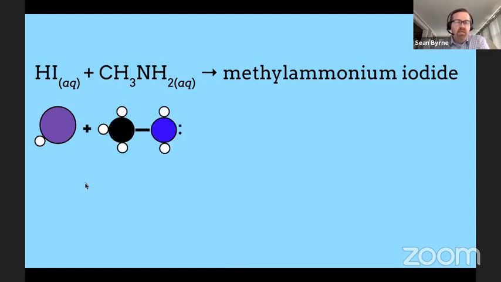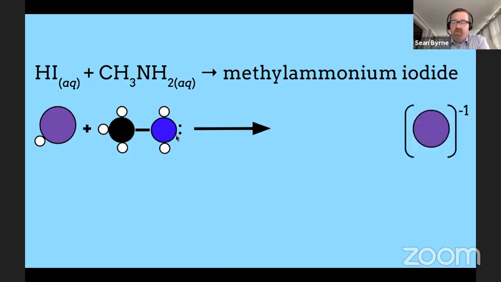Methylamine would look something like this, where we have a methyl group, C carbon with 3 H's around the outside of it, bonded to an amine group. Now, what I hope jumps out at you is the fact that this has a lone pair of electrons that is hanging off the right side of this. This is an area where methylamine can accept a proton because this lone pair is ripe for accepting that proton.